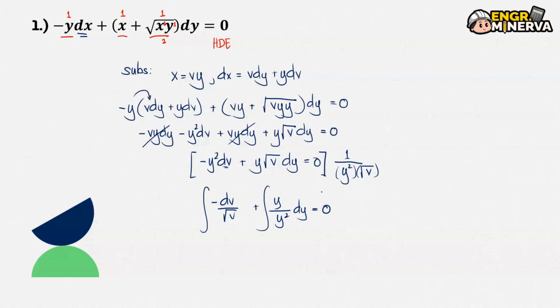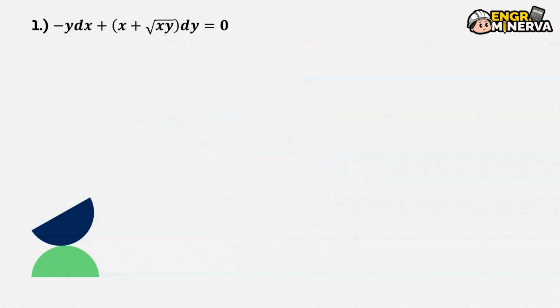Then we can now integrate. For this term, that would be negative, and we will make this an exponent: v raised to negative 1/2, plus, simplifying this one, dy over y, equals the integral of 0. Let's perform the integration. That would be negative v raised to negative 1/2 plus 1 over negative 1/2 plus 1, plus ln of y equals c.